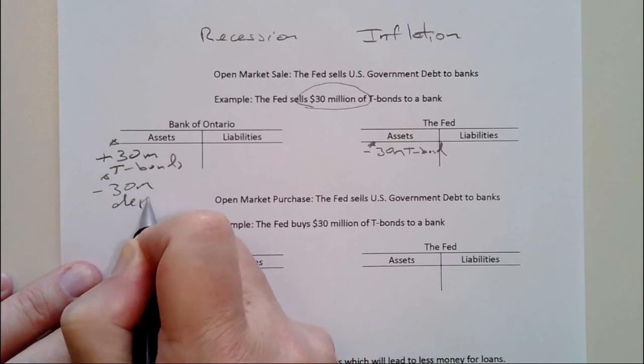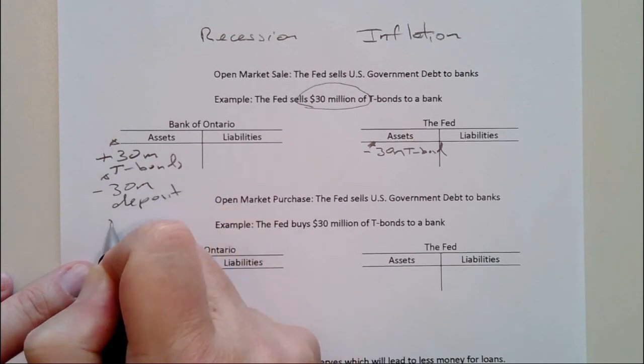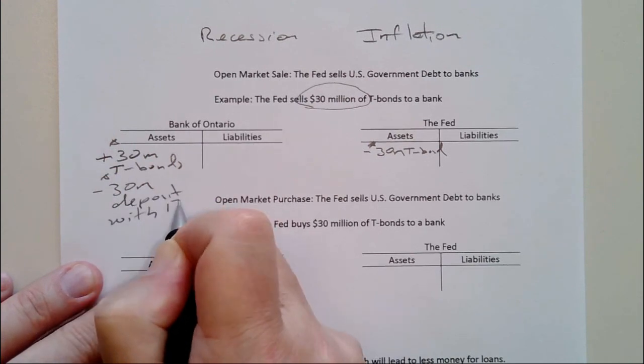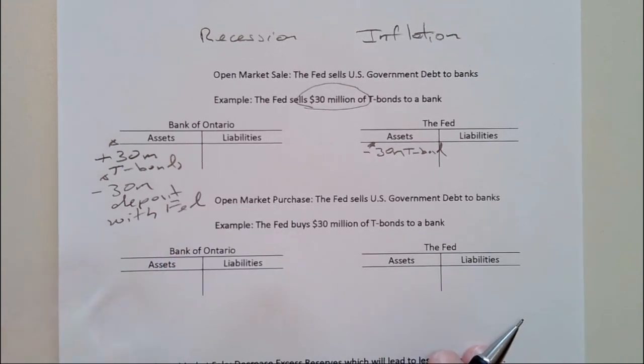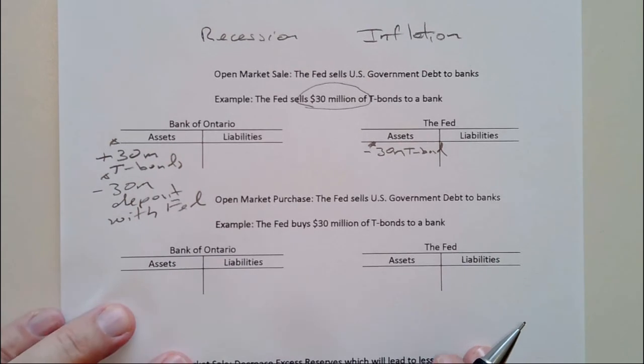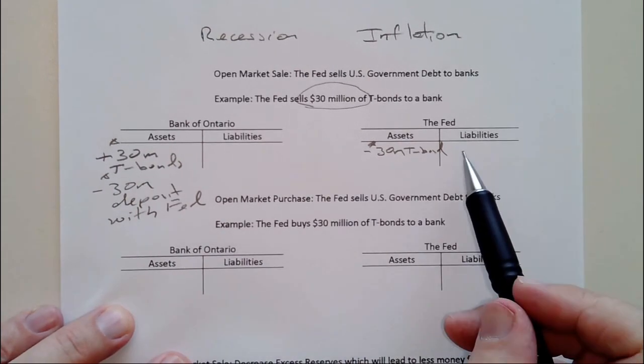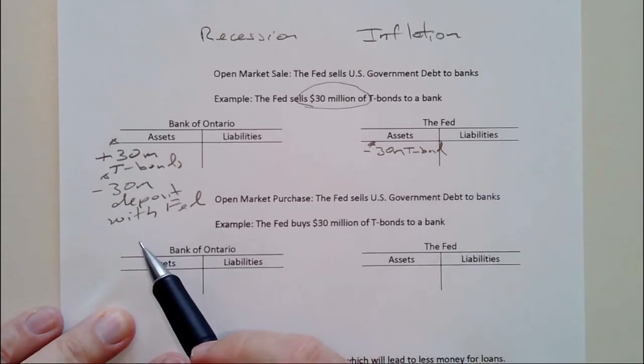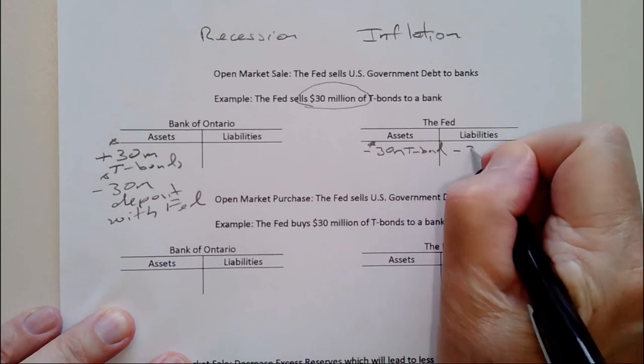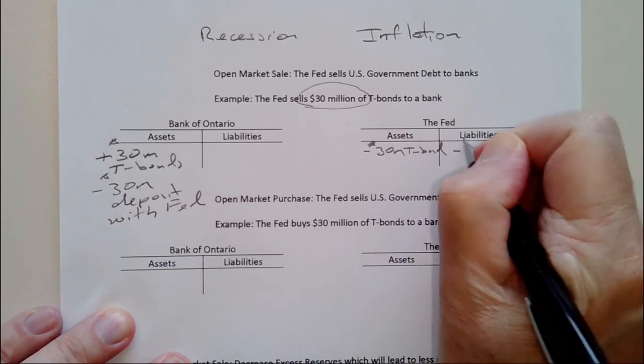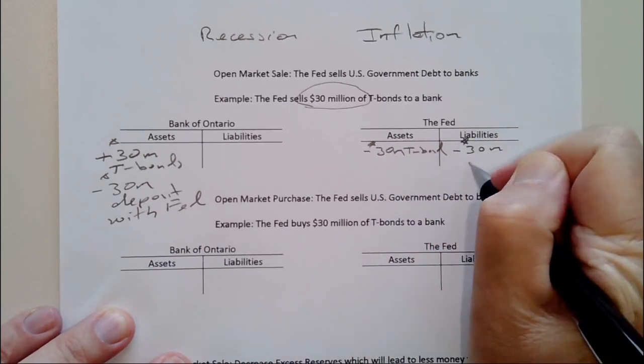So deposit with Fed. And then over here, the Fed would say, okay, we owe you $30 million less. Minus $30 million, we owe you less of the bank's deposit.